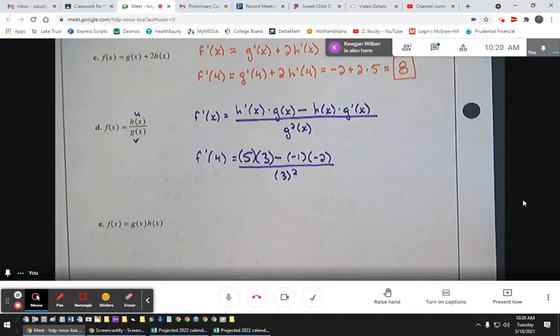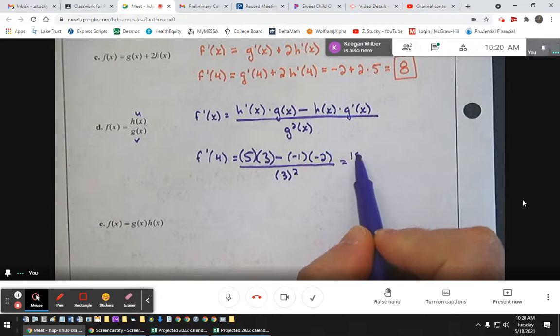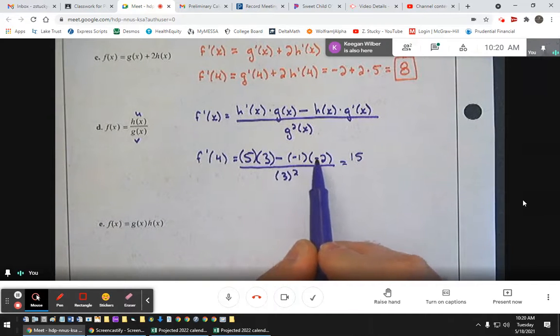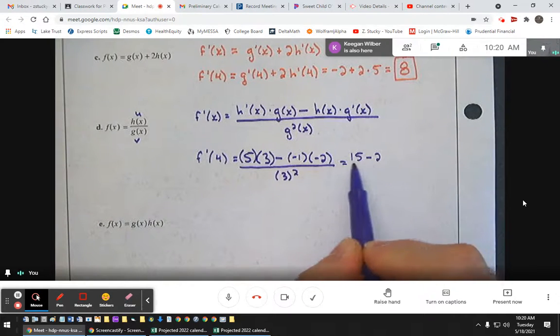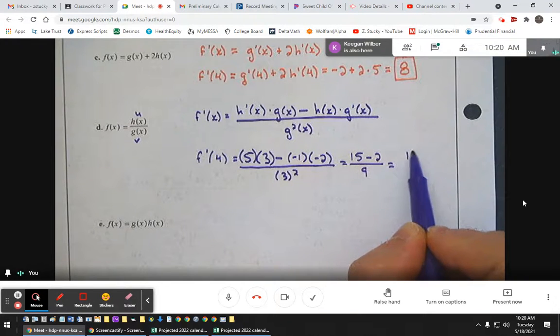What do you think? So now I would try to clean this up. This would be 15. Negative times a negative times a negative is still negative 2. 3 squared is 9. 15 take away 2 is 13 over 9.